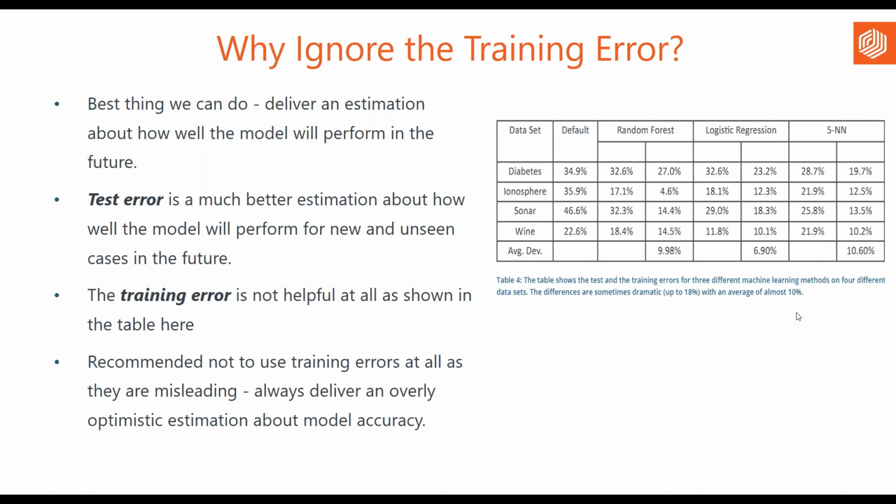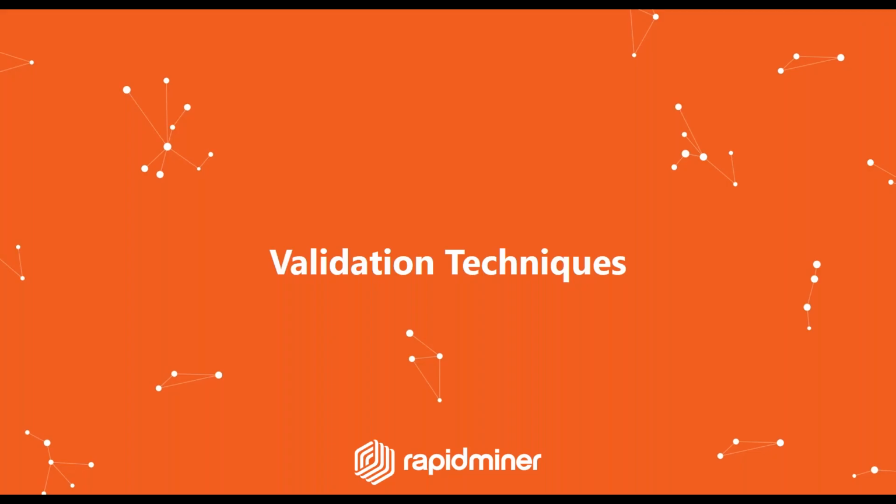For any performance metric, it's always good to ignore whatever you do for the training, because it's not the real truth. You might get misled thinking that the model is performing well on your data set. So we have to ignore the training errors.